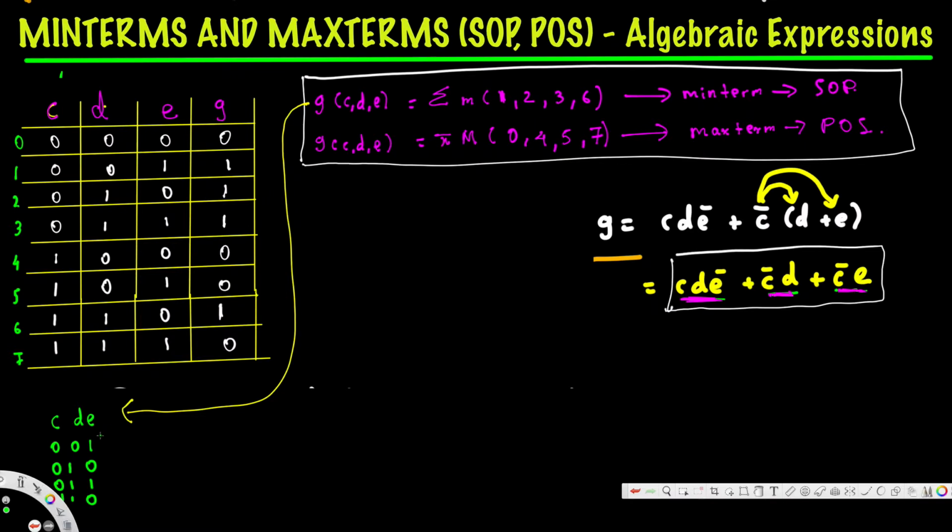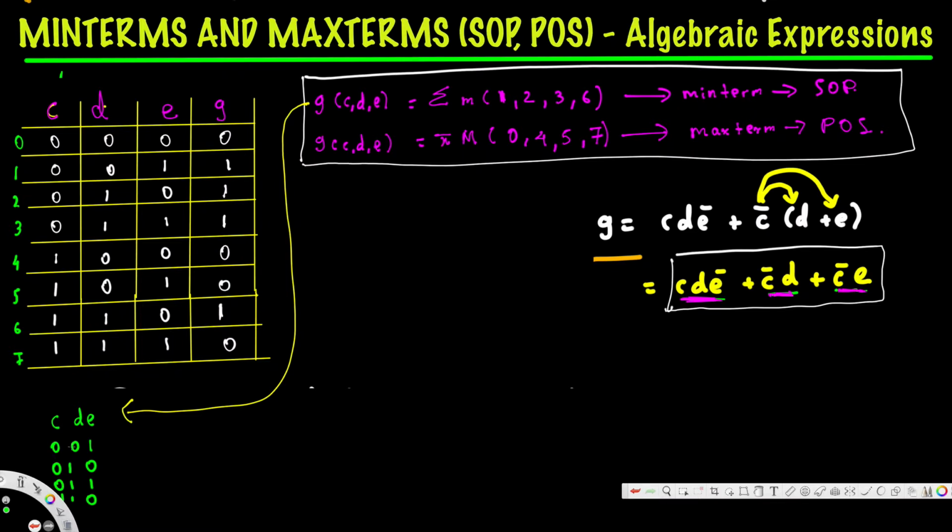And we want to get a result that's 1. That's our purpose, because in minterm we are looking at the locations where the product is equal to 1. Here we are dealing with an AND gate, so C, D, E. When you talk about minterm, this is one of the things you have to remember: you have to consider the AND gate.